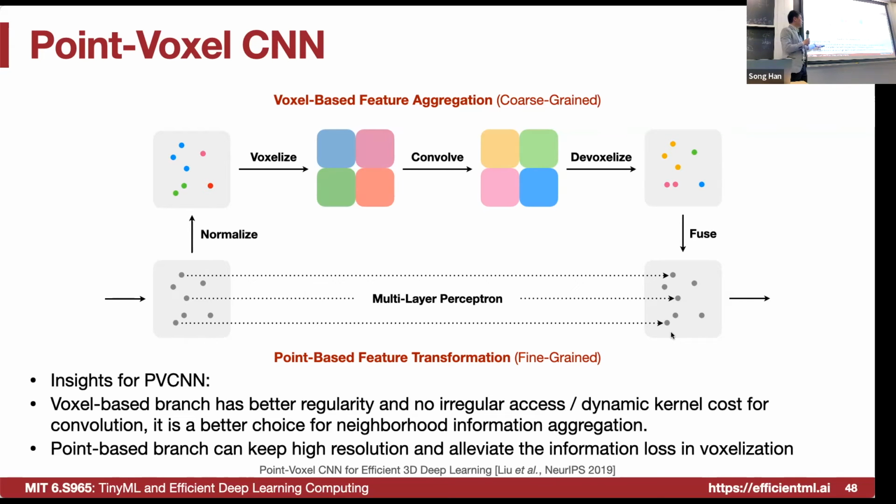The voxel branch has better regularity since it is dense with no irregular access. We don't have to generate dynamic kernels. It's a better choice for neighborhood information aggregation since it is regular. But the point-based branch can keep very high resolution, since it only represents those non-zero elements, and can alleviate the information loss from the coarse-grained voxel branch.